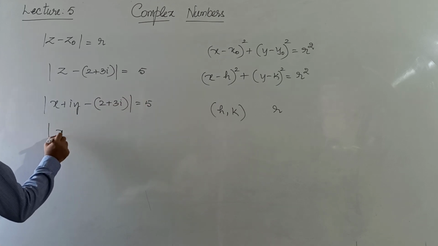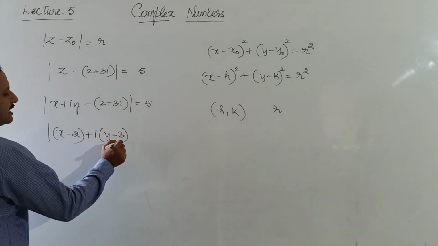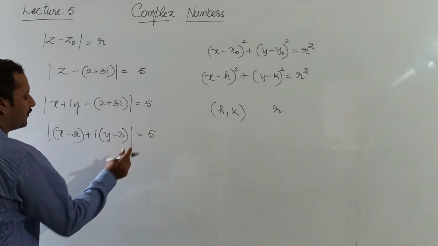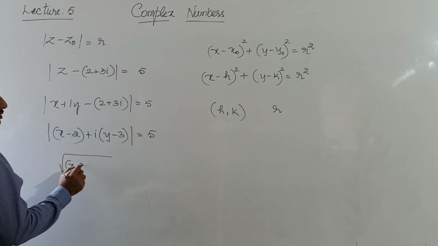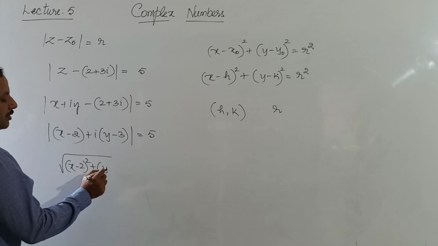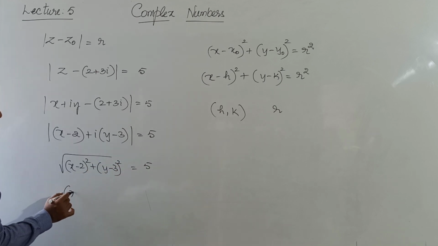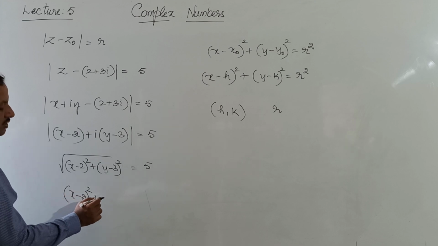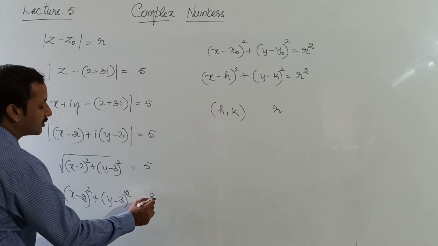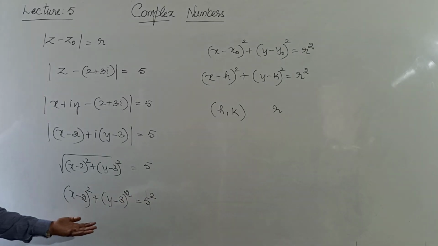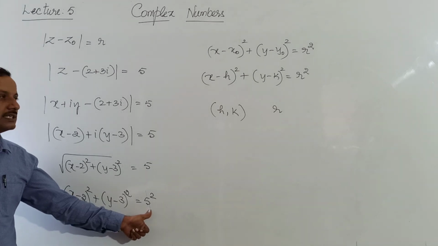So we can write this as x minus 2 plus i into y minus 3, modulus of that equal to 5. Modulus of this complex number is nothing but square root of x minus 2 whole square plus y minus 3 whole square, that's equal to 5. Squaring this equation, we get x minus 2 whole square plus y minus 3 whole square equal to 5 square. As you can see, this represents a circle with the center at 2, 3 and radius 5.